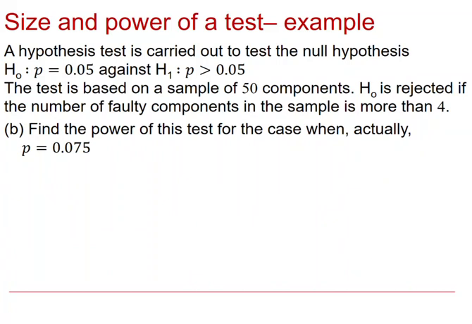So part B wants us to look at the power of the test. And again, note we have been given a different value for p. We now know that p actually is 0.075.